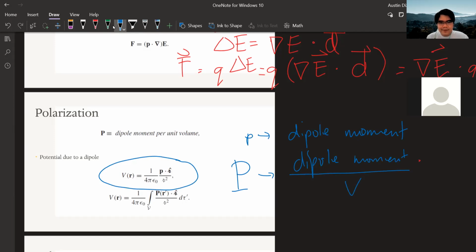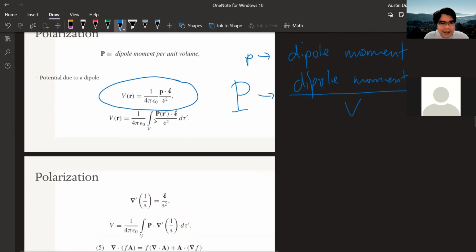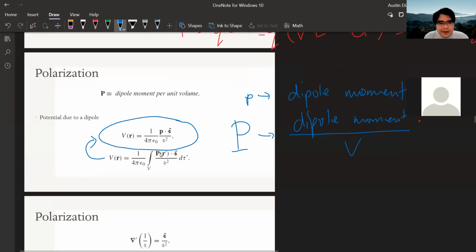Okay? So thus, pag in-integrate mo ngayon si P, capital P, with respect to a volume, it actually reduces to this. Tama? Kasi dipole moment per volume, then integrate mo with respect to a volume, magka-cancel yung volume, magiging dipole moment na siya. Okay? Now, why are we doing that? Tingnan natin bakit natin ginagawa yan.